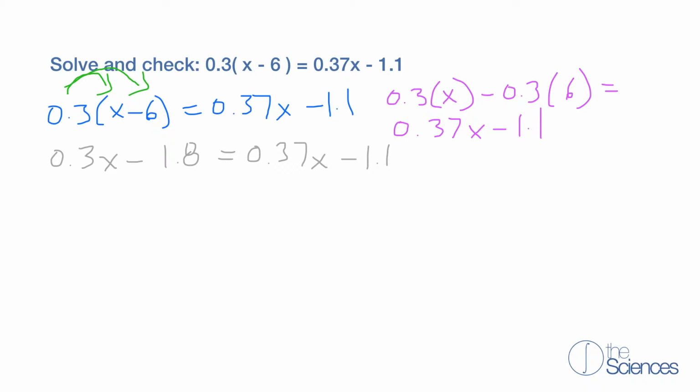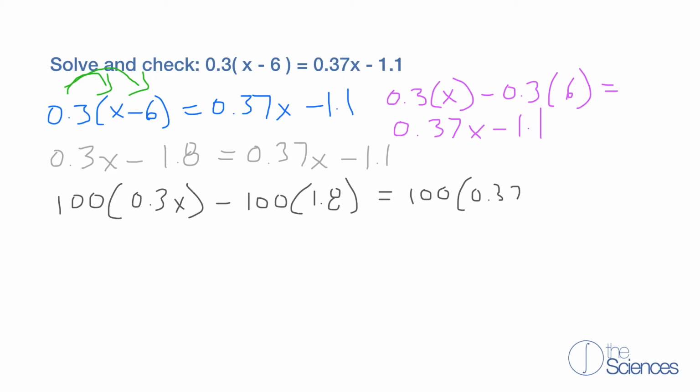So when we do that, we get 100 times 0.3x minus 100 times 1.8 equals 100 times 0.37x minus 100 times 1.1.